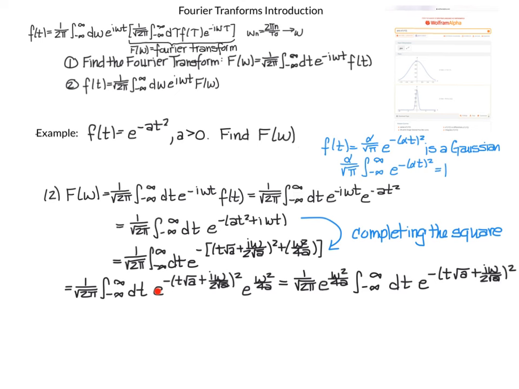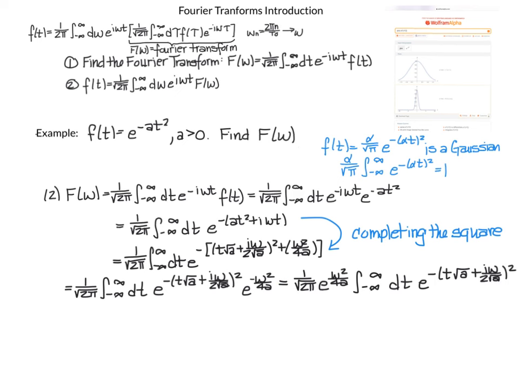So I have my exponent e to the minus t square root of a plus i omega over 2 square root of a, squared, and then I have my e to the minus, I guess I need a minus over here, omega squared over 4a. And now I can pull this out as a constant.